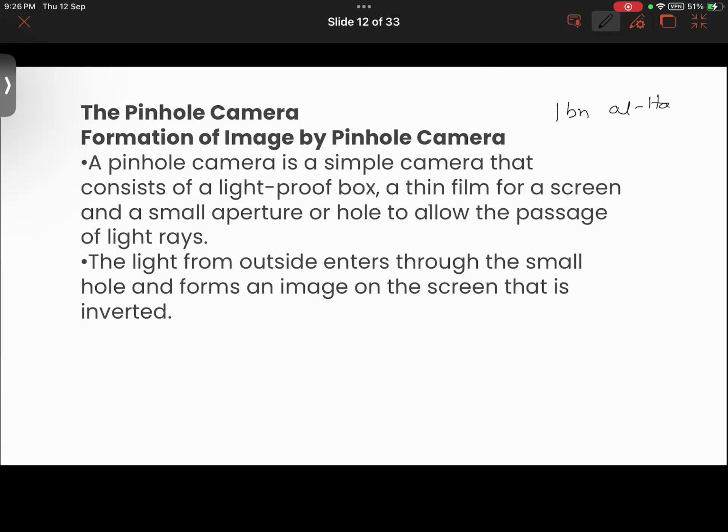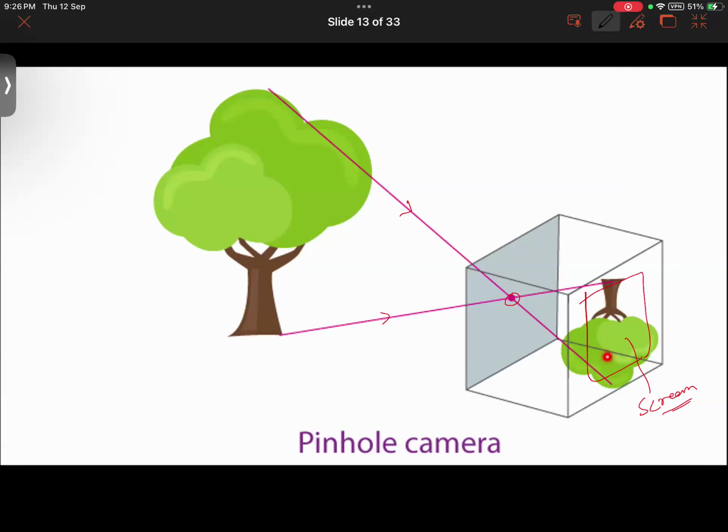He is the person who lived around the year 1000, almost 1000 years ago. He invented the pinhole camera, and he also was able to explain how an inverted image is formed.